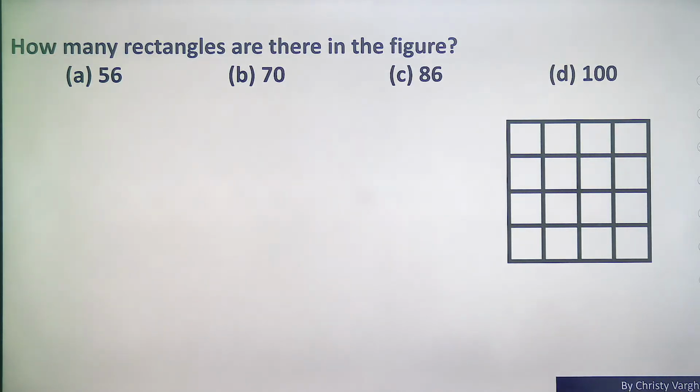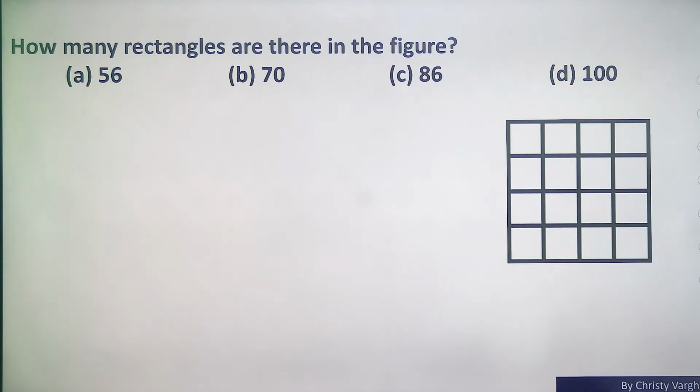If the question was asking rectangles, then what would have been the answer? Rectangle पूछा तो, what will be the answer? Post your answer in the chat. Yeah, 100 होगा आंसर.